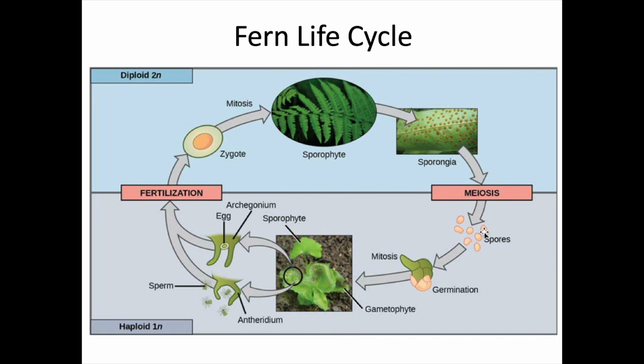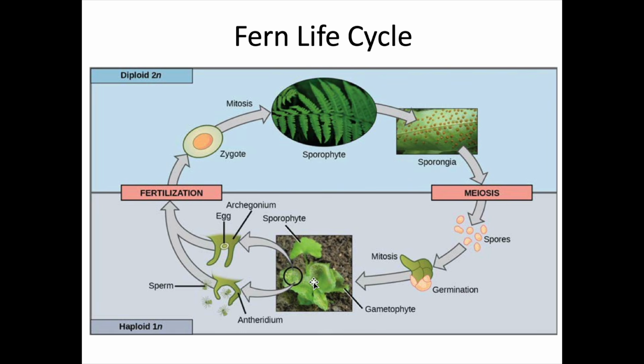Next, the spores are going to grow up into a gametophyte. And this is the part that's kind of weird. This gametophyte exists independent of the sporophyte that created it. And it's also capable of photosynthesis. So these are kind of like two separate plants from one another. Again, when we look at other groups of plants, we're going to see how atypical this is.